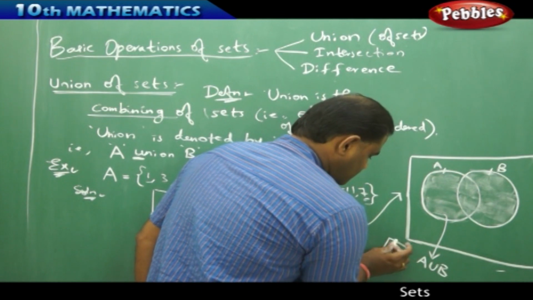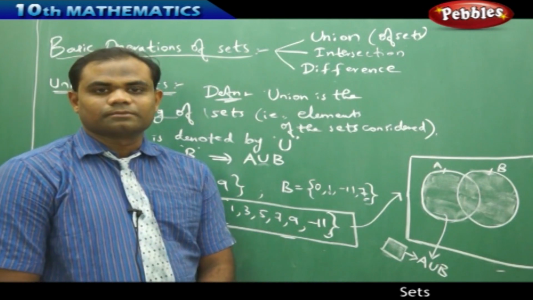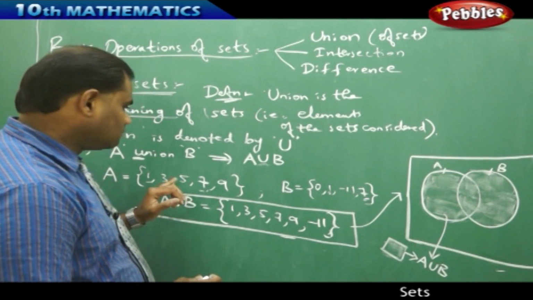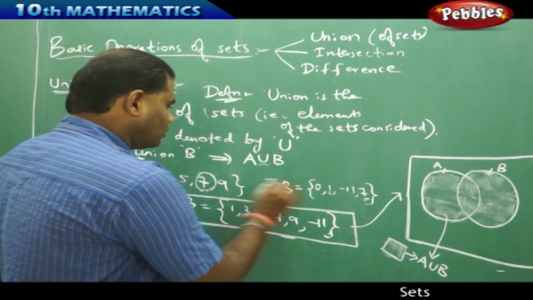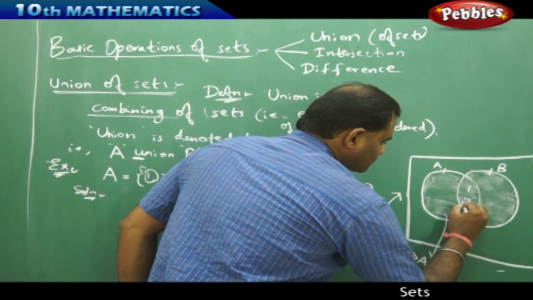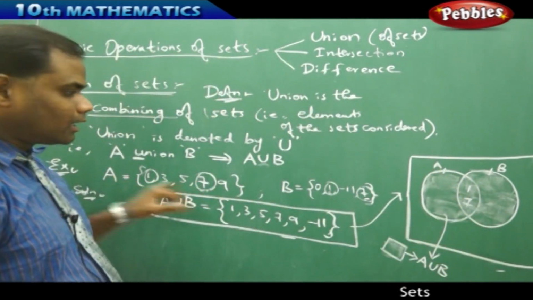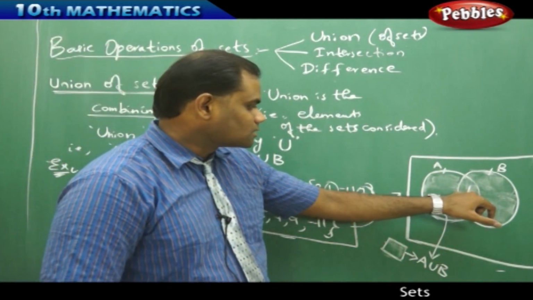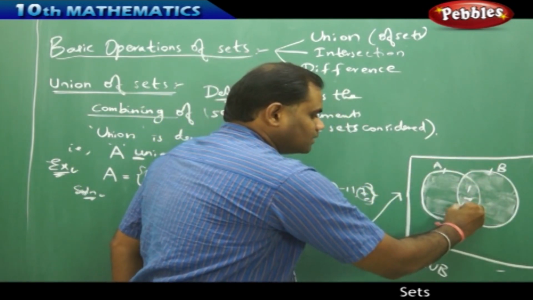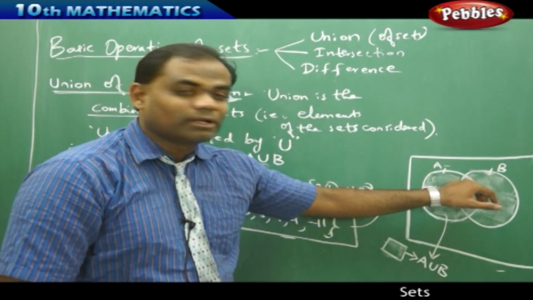This is A ∪ B, and the elements here are 1, 3, 5, 7, 9 and -11, but because 1 and 7 are common, I have 1 and 7 in this common region, because this is both in A and B. 1 is in A and 1 is in B. Therefore, when I draw this, 1 is inside the circle A and 1 is also inside the circle B. Similarly, 7 is inside the circle A and also in B. So this is the region where we write the common elements.